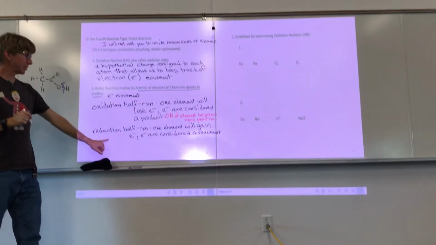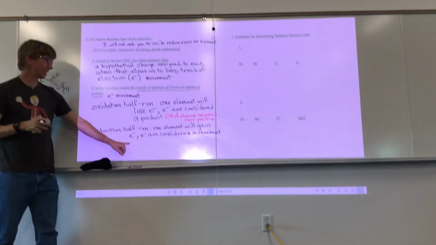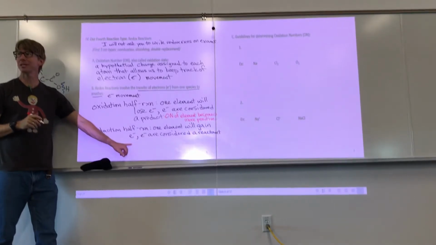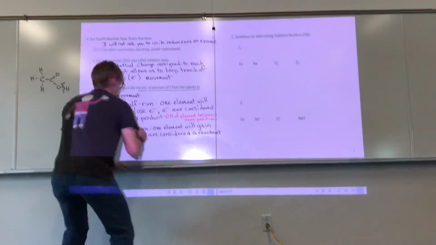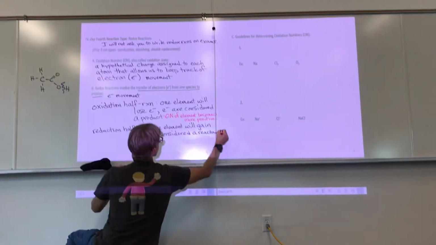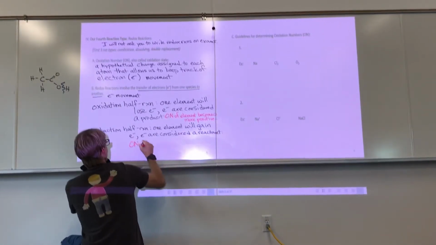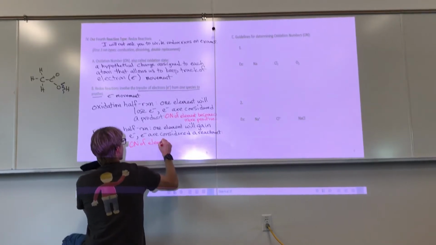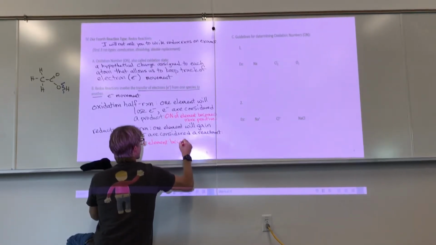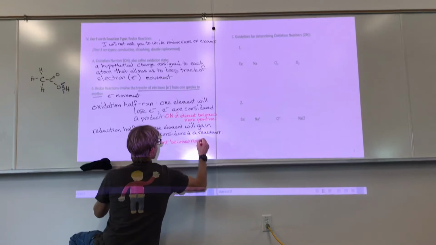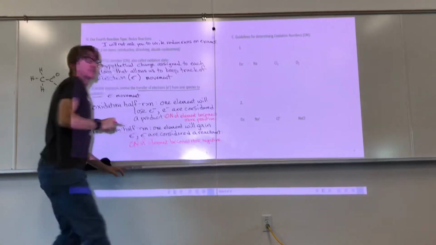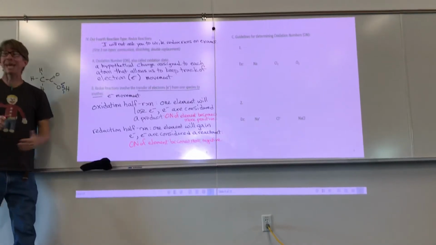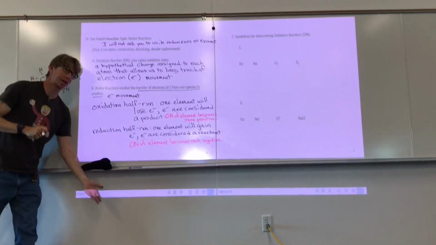For the reduction half reaction, one element will gain electrons. Electrons being negative things, the oxidation number of the element becomes more negative. So you gain something and you become more negative.